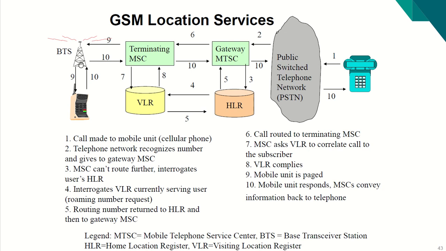If you are communicating with another cell phone, what happens? You communicate with the BTS. It goes to the MSC, and the MSC communicates with another BTS, and that BTS communicates with the other cell phone. But if you are communicating with a landline, it goes through here, and then here, to the gateway, to the PSTN, and then to the phone.